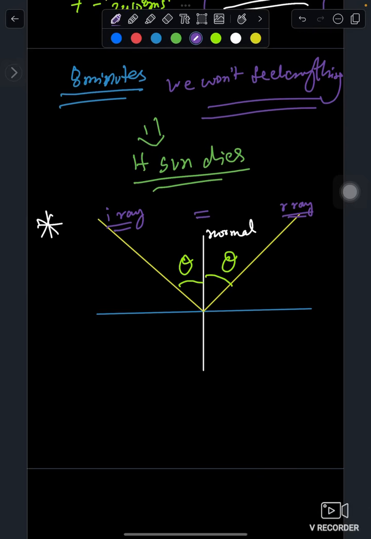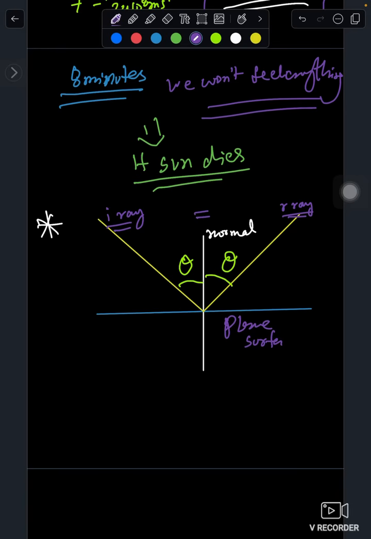The incidence ray is coming towards the plane surface and hitting at a certain angle with respect to the normal. That angle will equal the angle which the normal makes with the reflected ray.